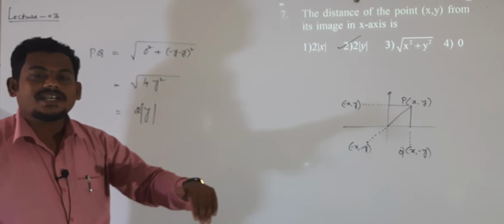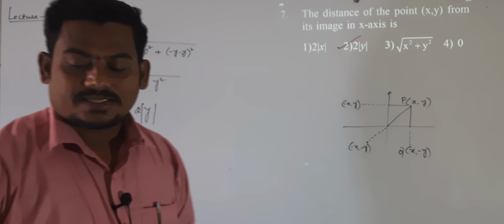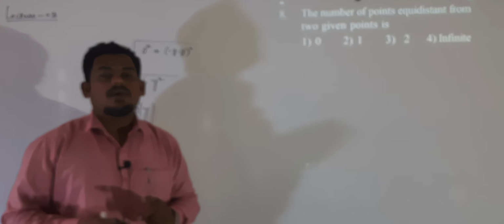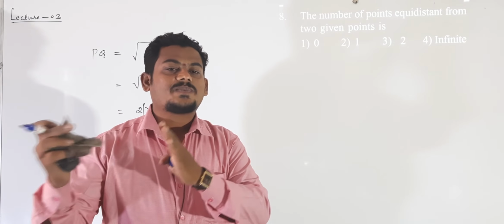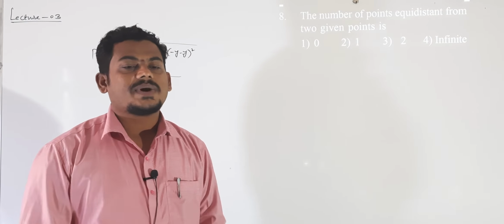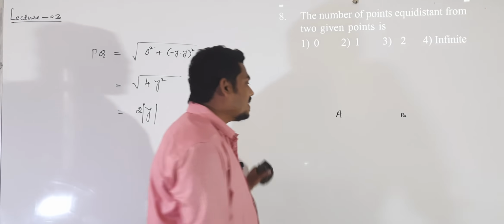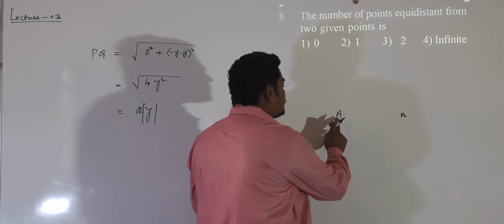Distance between point and its image point with respect to x-axis. Next problem. Number of points equidistant from two given points. Number of points which are at equal distance from given 2 points. If I take point A here and point B here, then how many points are possible which are equidistant from these 2 points?